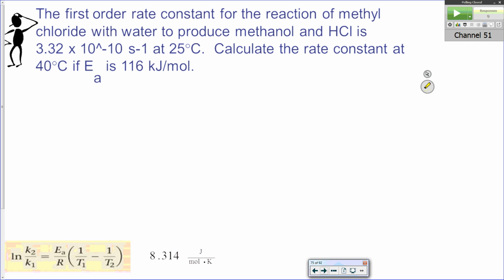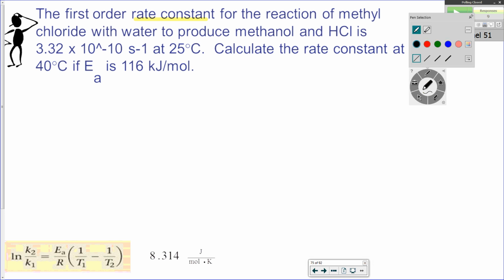I've got a first order reaction. The reaction is methyl chloride with water to produce methanol and hydrochloric acid, HCl. The key thing I need to know is the rate constant. There are a lot of words in between, but it tells me the K at 25 degrees. So this is K1 and this is T1.